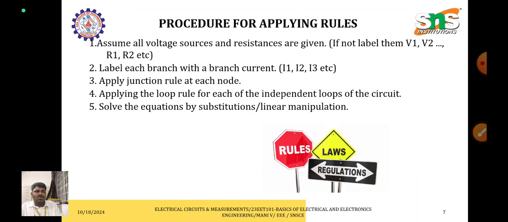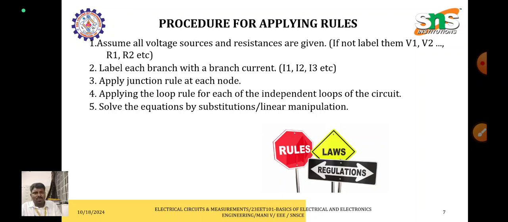Okay, so the procedure for applying the rules. Number one, assume all voltage sources and resistances are given. If not, label them V1, V2, R1, R2, etc. Then label each branch with a branch current I1, I2, I3, which may be called branch current or mesh current.